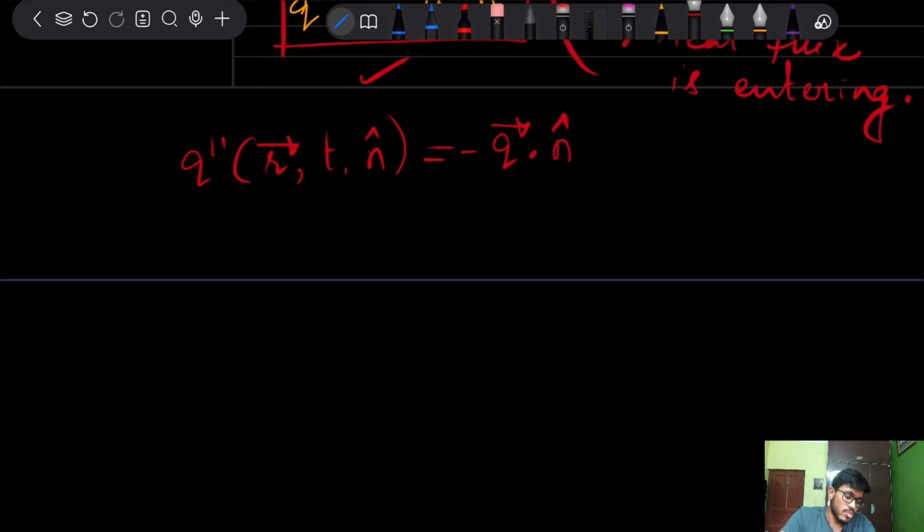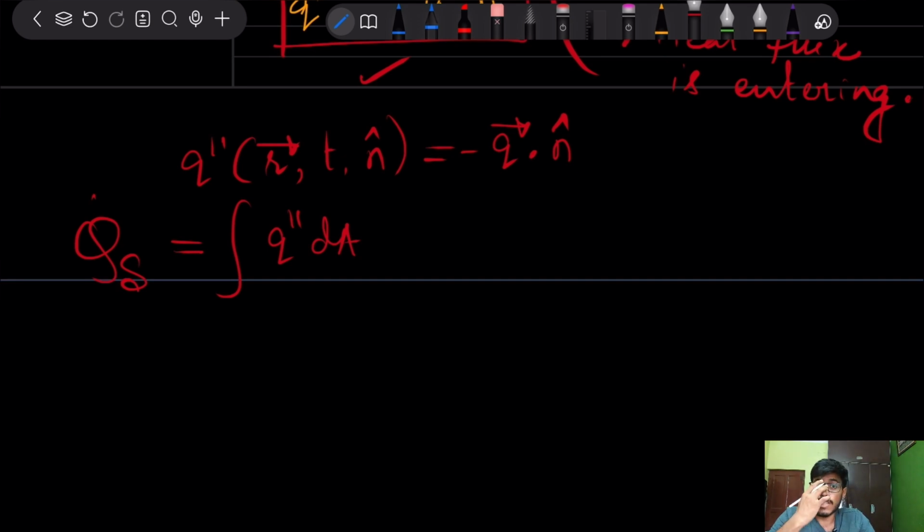My total surface heat transfer, Qs, will be the integral of q dot into dA. Q dot into dA is the heat transfer through that surface element dA. So to get the total heat transfer rate, I have to integrate over the area A surface.